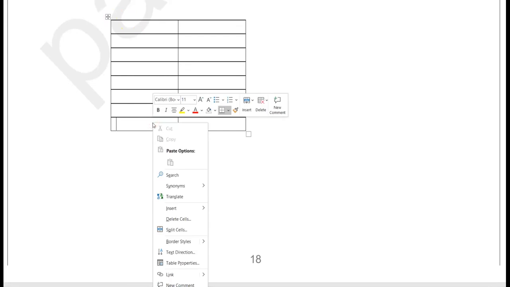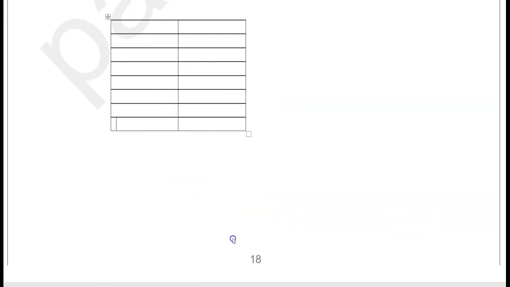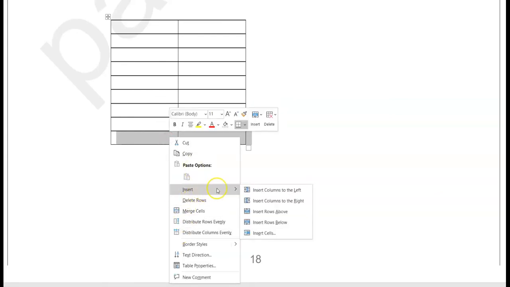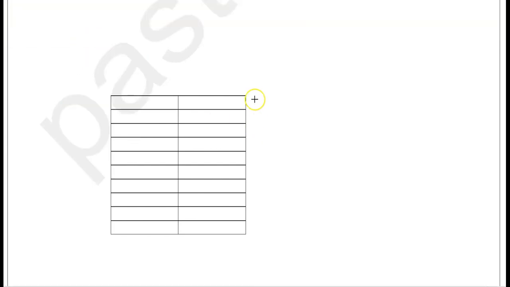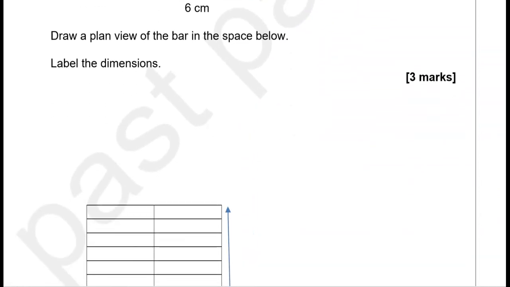Should be 10 rows as we said earlier. So I'm going to add another 2. And we're going to label these, the dimensions. So this is equal to 10 centimeters.